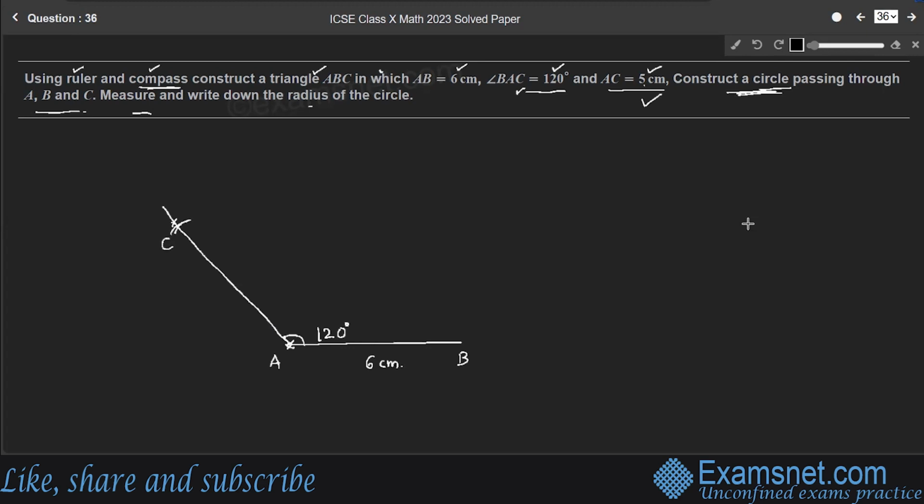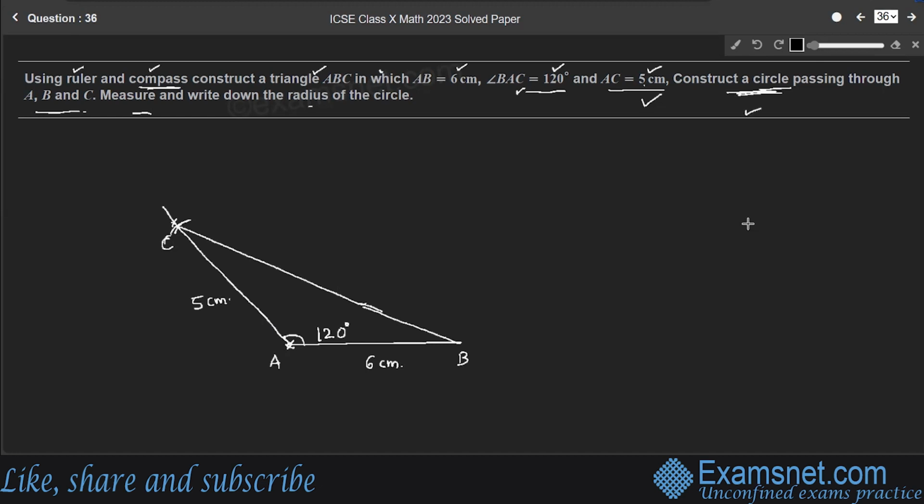So let the point be C, the point at which the arc cuts the line. So AC becomes 5 centimeter. Now join C and B. Now we have a triangle ABC.